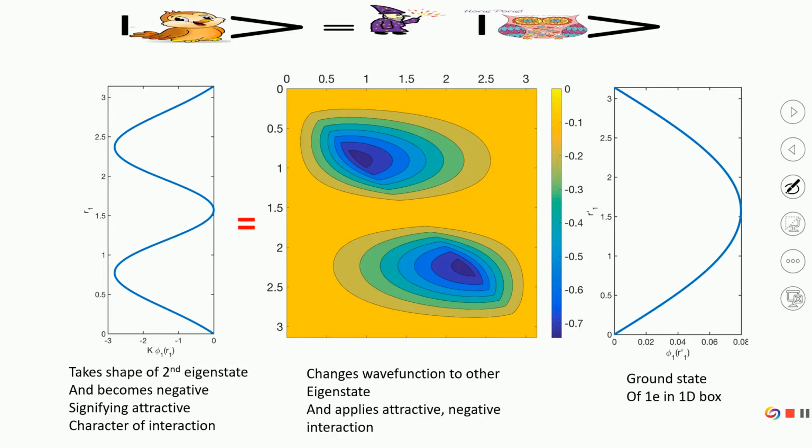Then instead of one hump, it gets two humps, and the sign gets negative. So it does not only multiply everything by a factor and affect energy, it swaps, it makes the first state into the second state.